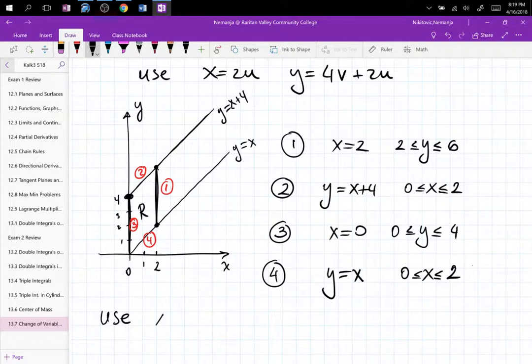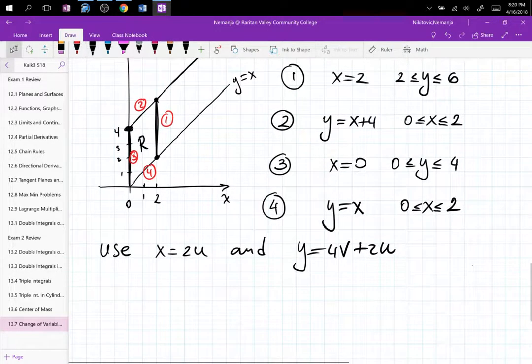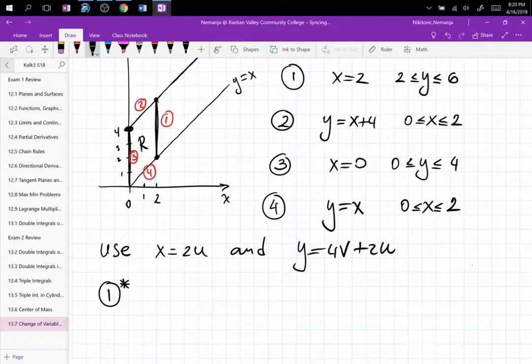So x equals 2u, and y equals 4v plus 2u. I'll call this 1 star. So x equals 2. So I have 2u equals 2, from where u equals 1.